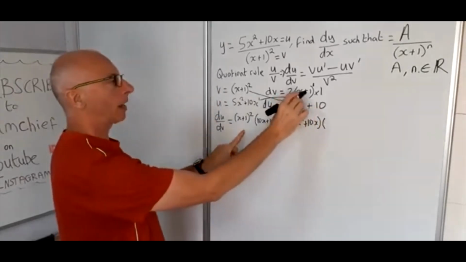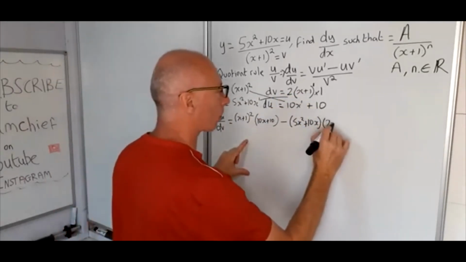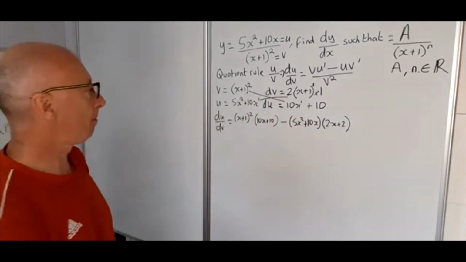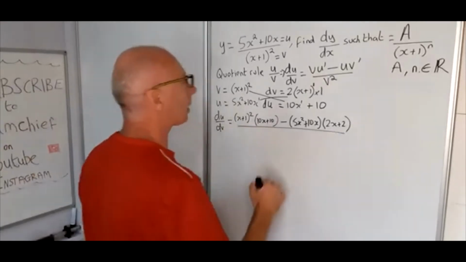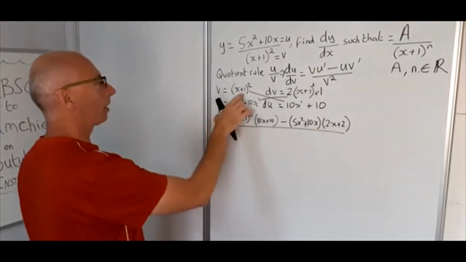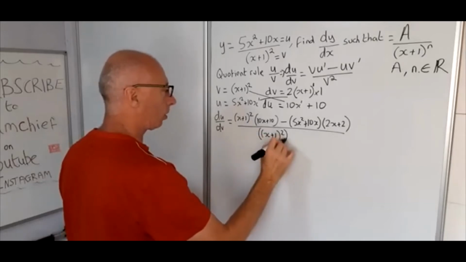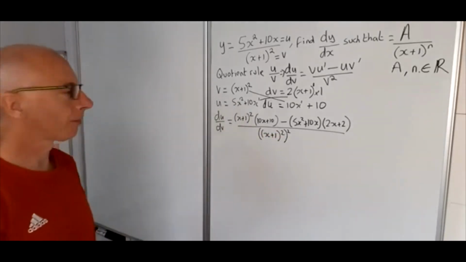Now let's just expand that out. Let's put 2x plus 2. That will take care of that. And then divide that by v squared, which is (x plus 1) squared, all squared.